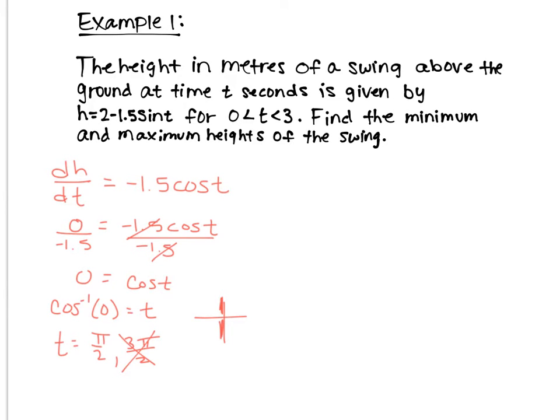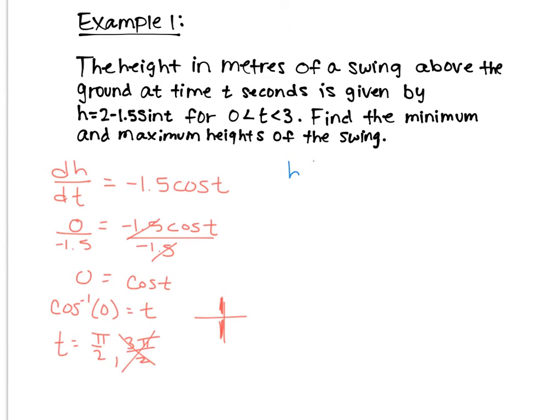So what we're going to do is we are going to plug in our stationary point and also plug in our 2 endpoints all into our original function, and that's going to give us the height at that time. We know that a global max or a global min is only going to happen at a stationary point or at an endpoint. So we're going to find out what the heights are at each of those points.